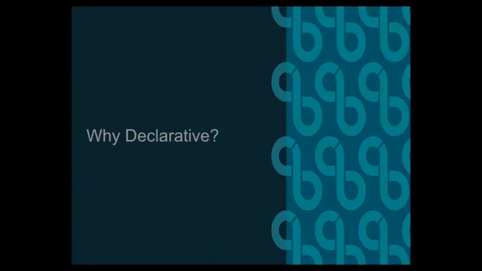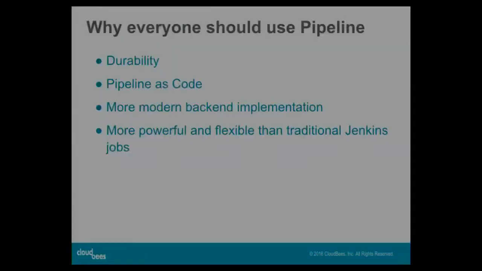So why did we write declarative pipelines? First of all, we've got the reasons why we think everyone should be using pipeline. It's the future of Jenkins. It's also the present of Jenkins now. Pipeline gives you durability so that your builds can continue despite a master restart or a disconnect between the agent and the master.